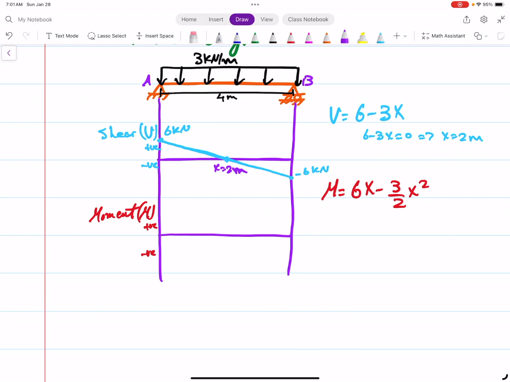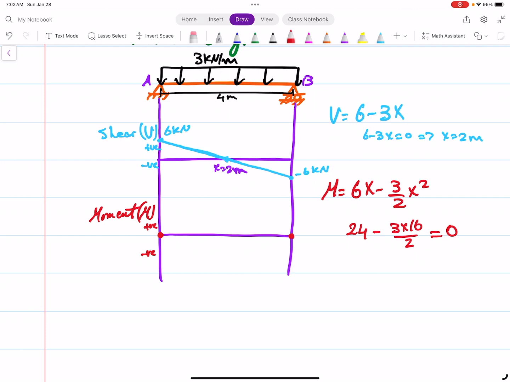Okay, so let's go to the moment. So moment in case of x equals 0, the moment will equal 0. In case of x equals 4, this will be 24 minus 3 times 16 over 2, which is also 24. So this would be 0 as well.